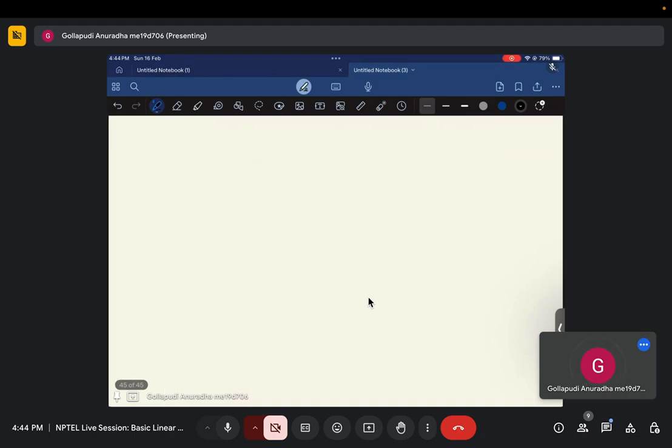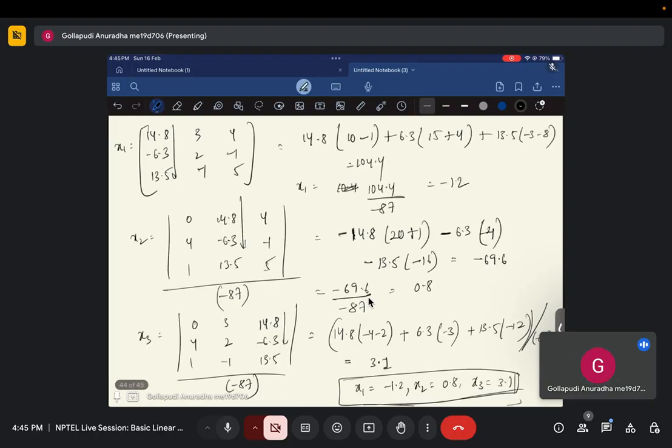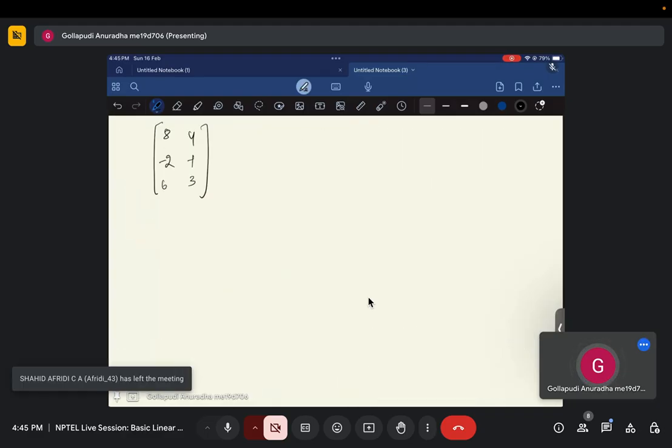Okay, moving on. Ma'am, with the help of Cramer's rule, will we always get a unique solution? No. You can apply Cramer's rule only if you know that you are going to get a unique solution. You understand? Because for example, if you have infinite solutions, what did we discuss before?